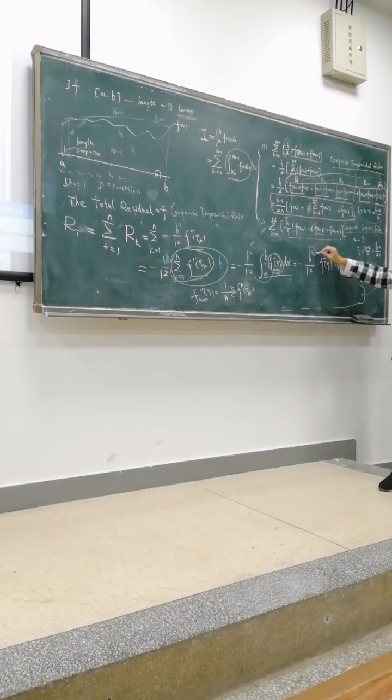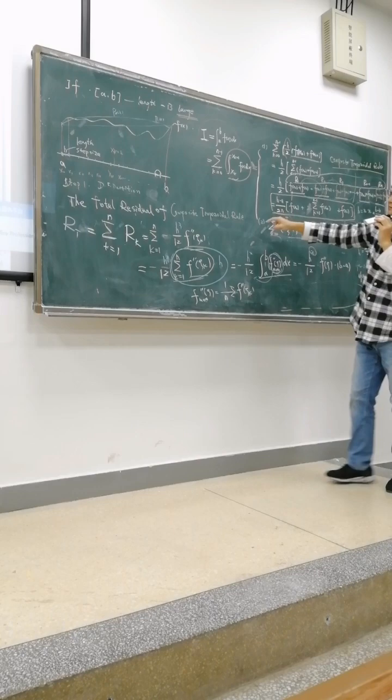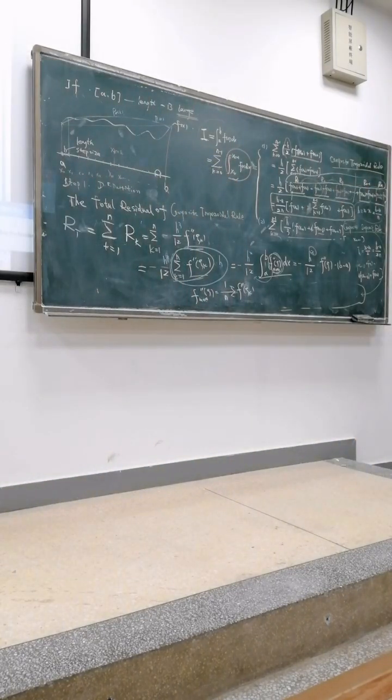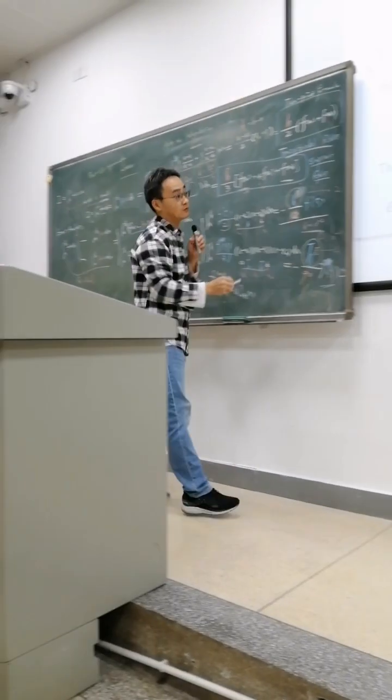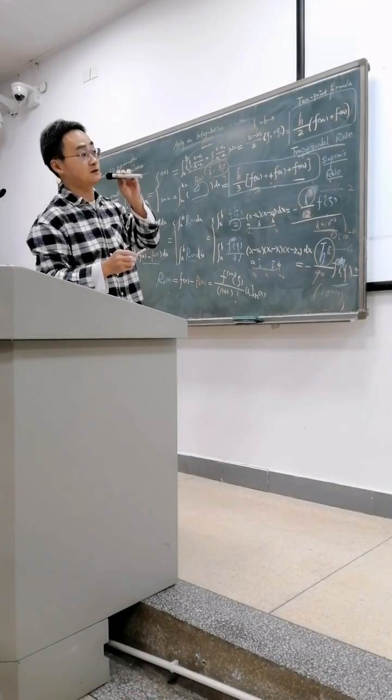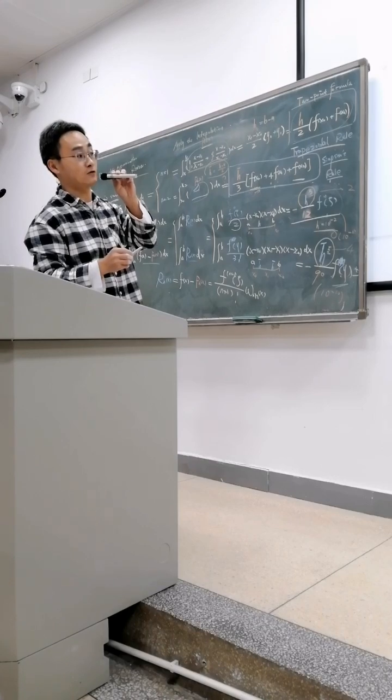So the composite trapezoidal rule has an order less than the direct use of the trapezoidal rule. Similarly, for the composite Simpson rule, of course, it must reduce to 4, right? Because for the composite trapezoidal it is reduced to 2, for Simpson it should be reduced to 4. We get 4 here, using a similar technique.